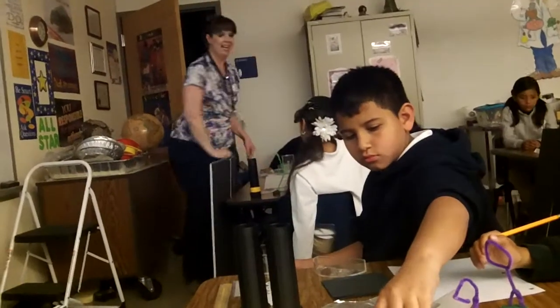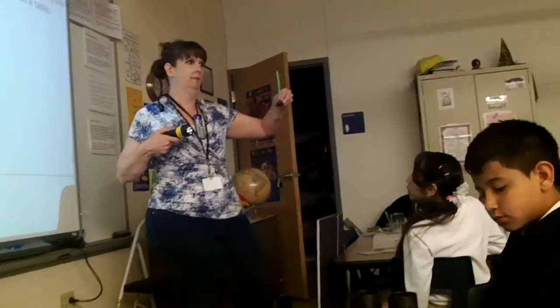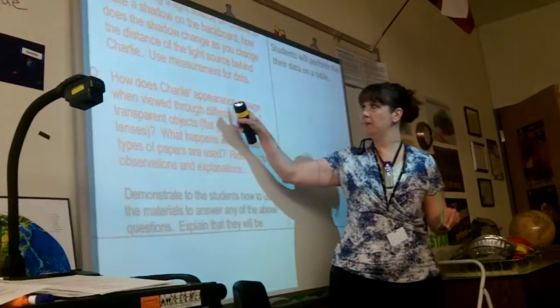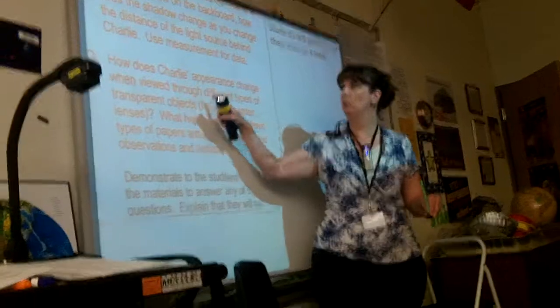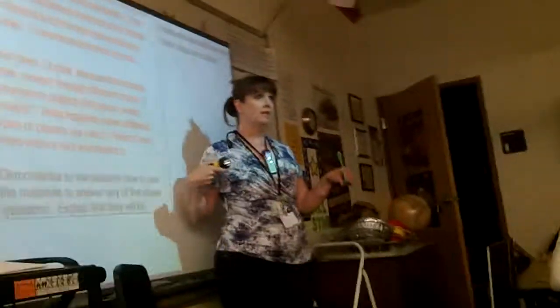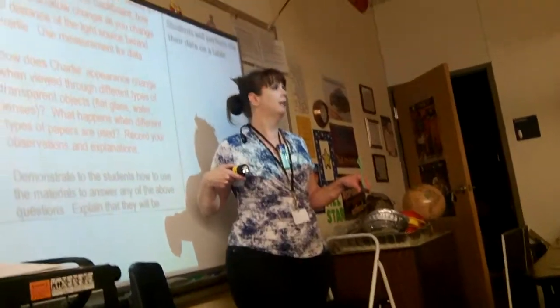So, in that case, are you going to move Charlie? No. Are you going to move the light? Okay, here's my question. How does Charlie's appearance change when viewed through different types of objects? Is the light distance going to change? No. What am I changing every time?